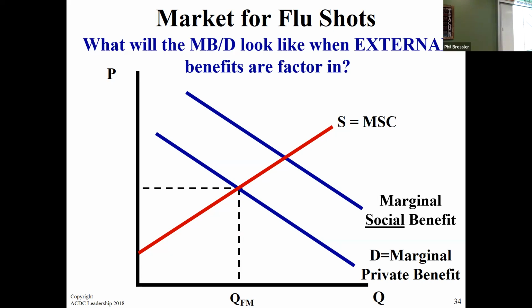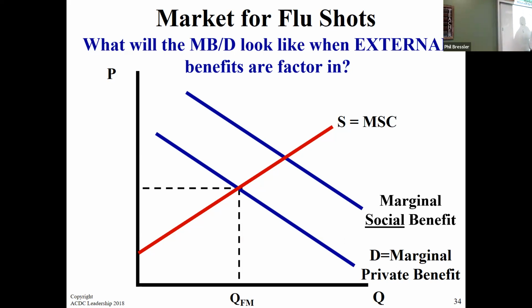You just tell me when you're ready to answer. Holt, is this market left by itself producing too many flu vaccines, too few flu vaccines, or the exact right amount of flu vaccine? This is your market, right?